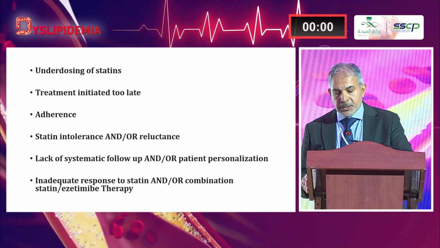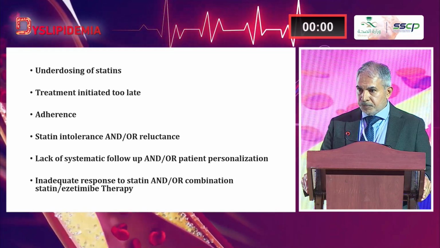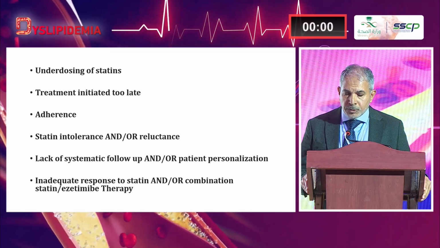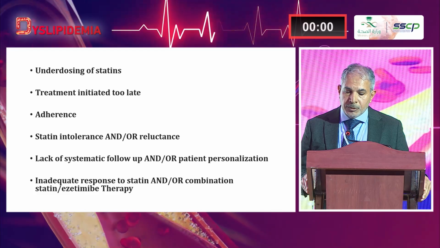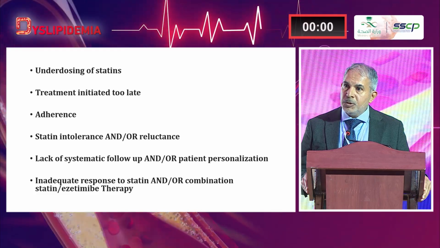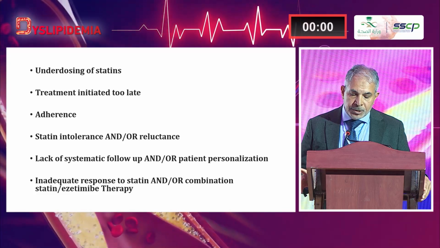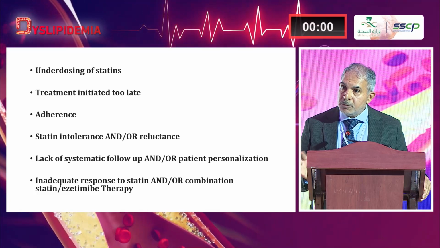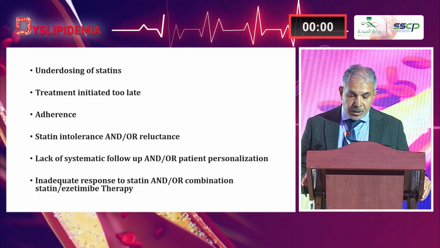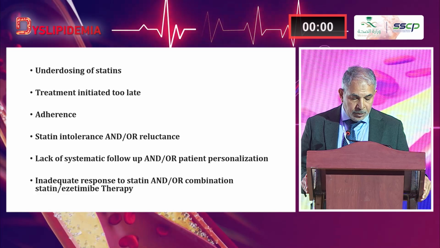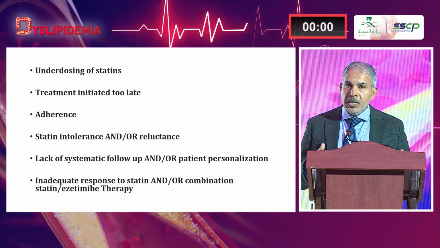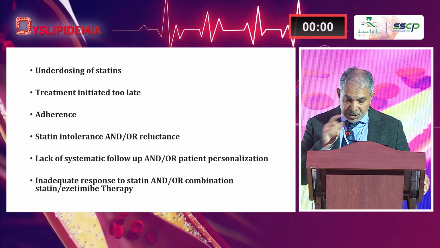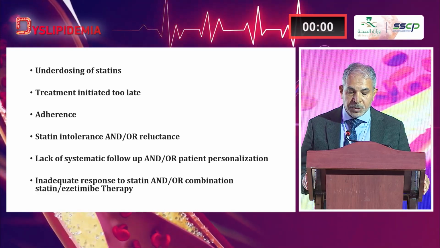They've come up with 6 different causes why perhaps we are not achieving the targets: underdosing of statins, treatment initiated late, the adherence issues related to intolerance versus reluctance by the patient or the physician, lack of systematic follow-up, and finally, the lack of response when there is an inadequate response to statin and ezetimibe or their combination.